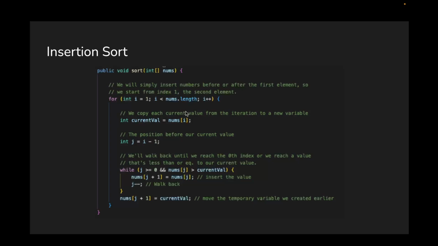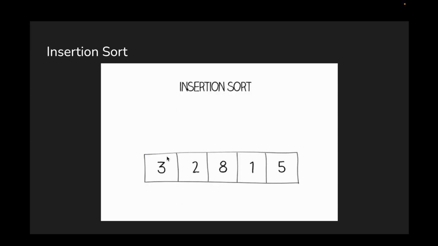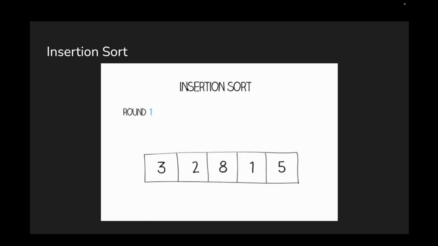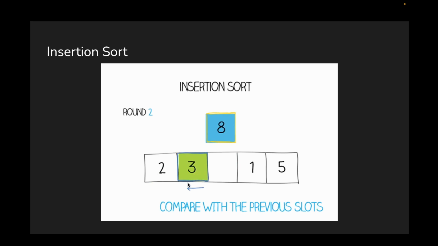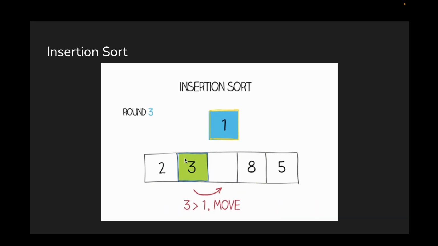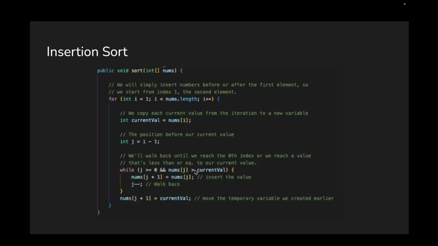Then we copy each current value from the iteration to a new variable, so we know what the current value is. And then we have the position before our current value, which is the 0th position in this case, and then we need to compare that. So we'll walk back, meaning we'll compare each of these values. So 1 we compare to 8, then we compare to 3, then we compare to 2.